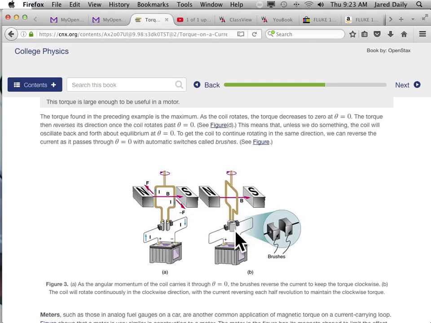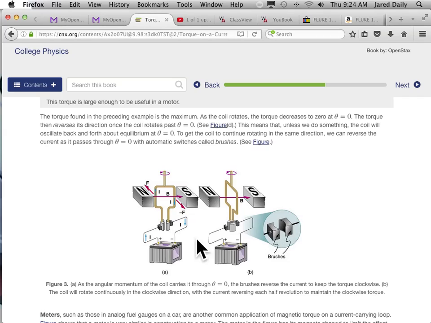And then we put a gap here, and we put these things called brushes on, so that every time the loop goes around, the brushes switch sides, and the current keeps going the same way through the loop every time. If you consider the loop as its own little entity, it switches direction. So every time the loop switches orientation in the magnetic field, the current switches direction. But really what happens is that the forces keep pushing the same way every time, and they push the loop around the same direction every time.